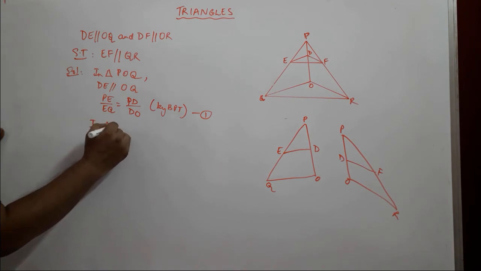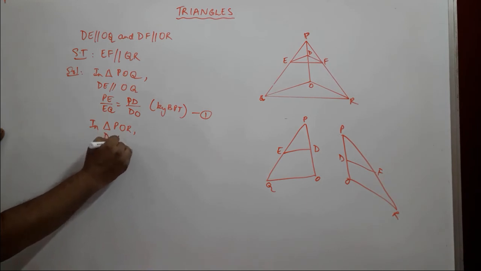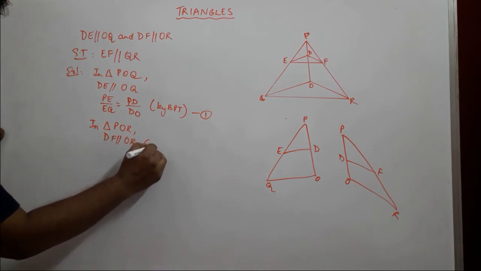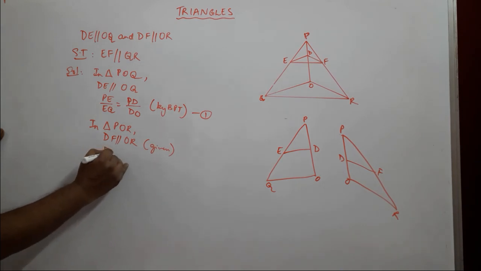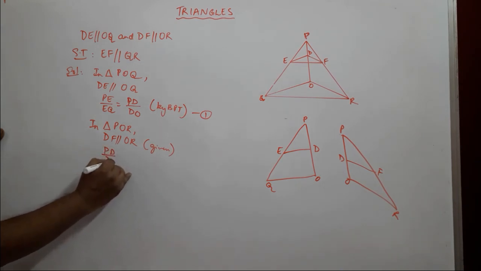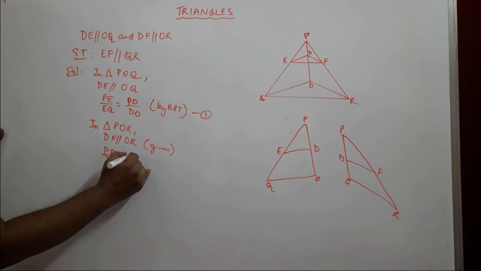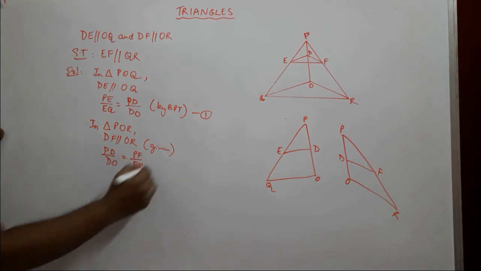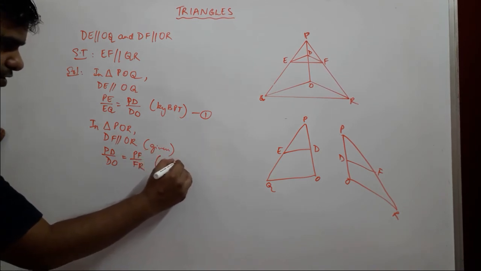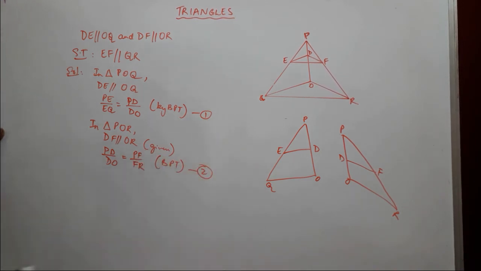In triangle POR, we have been given DF is parallel to OR. So we say that PD upon DO is equal to PF upon FR, and this would be by basic proportionality theorem, and mark this as equation 2.